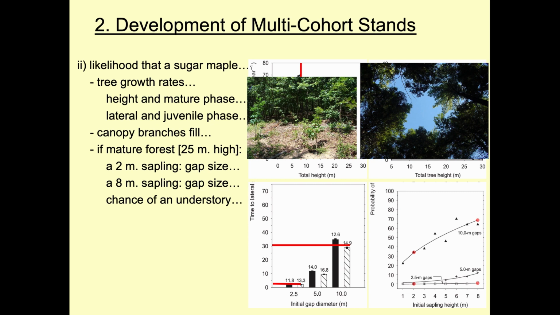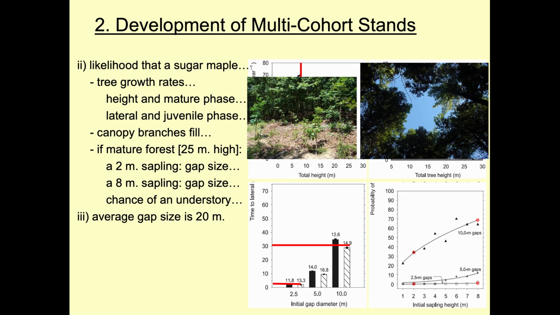One is a 2-meter sapling, the other is already 8 meters tall. In a small enough gap, in a 2.5-meter gap, neither of them is going to reach maturity. So the importance of gap size truly shines through with this figure on the bottom right.